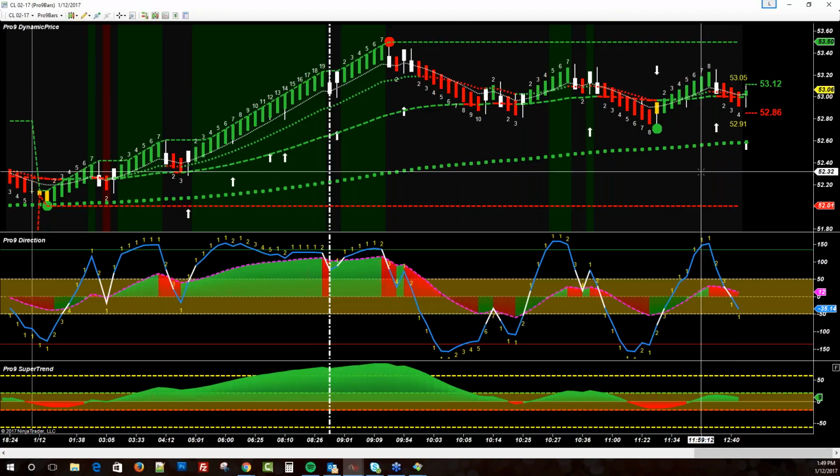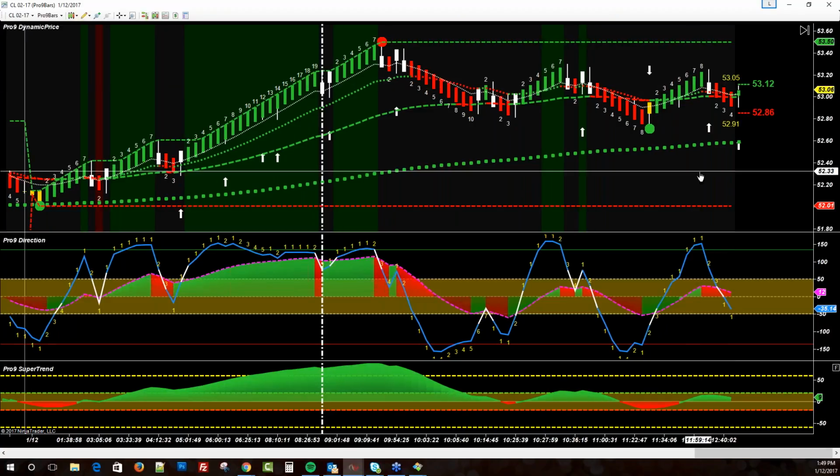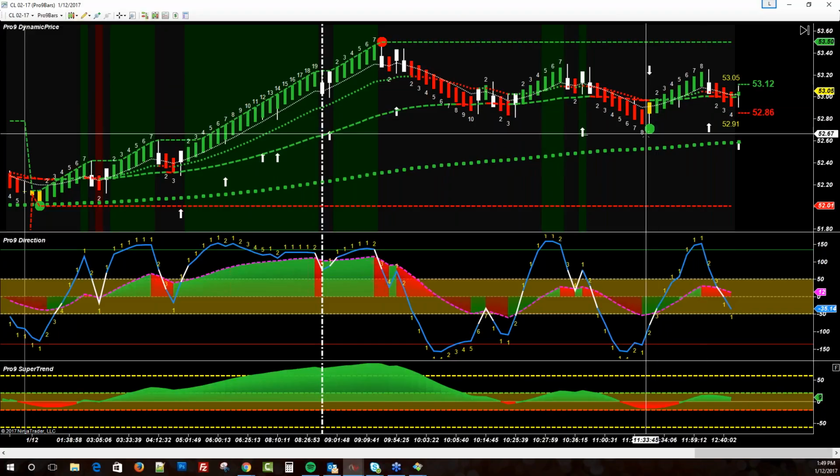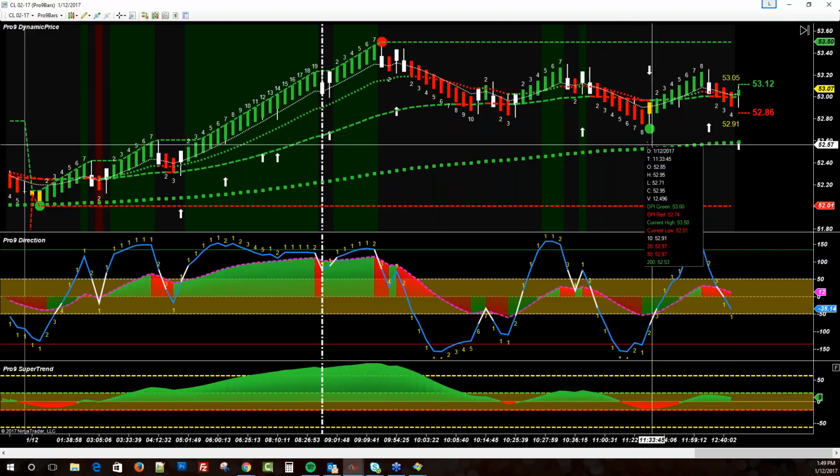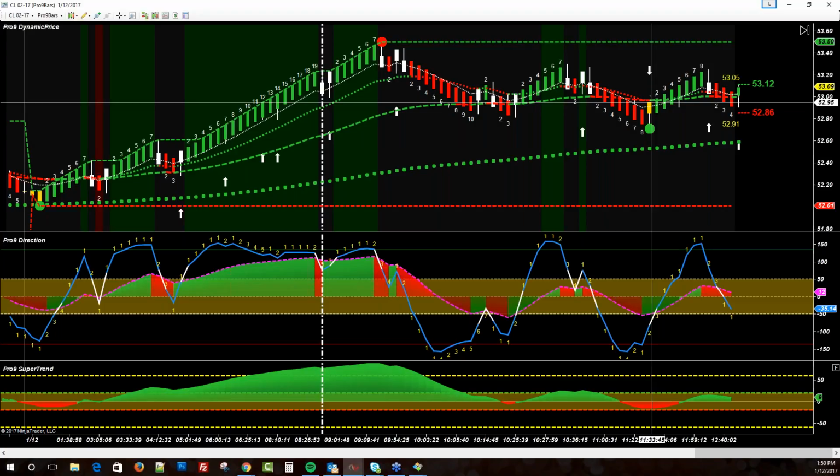All right, let's see. Possible dot trend. I do not have a dot on mine. So this one would have been a dot trend. Let's check our EMAs. Yeah, this one would have been very close.